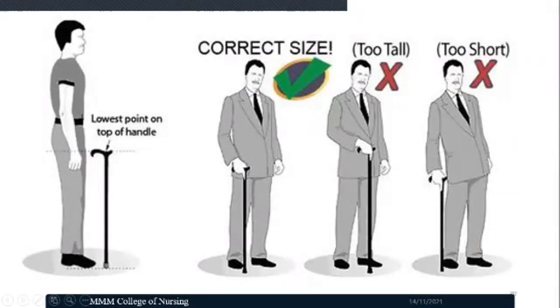Similarly, if the cane is too short, the person has to bend backward to provide the support. These two positions are not recommended in using the cane, while this is the correct length of the cane. So whenever we provide a cane to the patient, we have to observe whether the cane is suitable to that person's height.